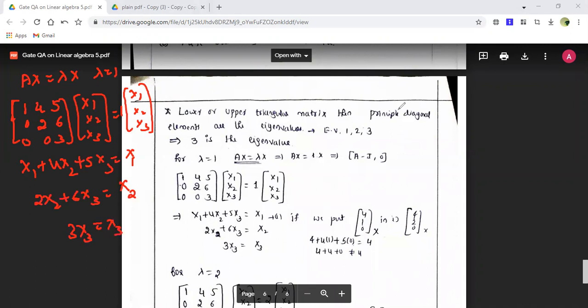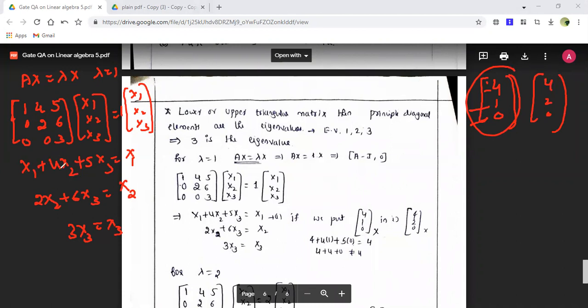So whatever vectors they have given, (4, 1, 0) and (4, 2, 0), if I take the first one, x1 equal to 4, x2 equal to 1 and x3 equal to 0 in one of the equations, we will check whether it satisfies or not.